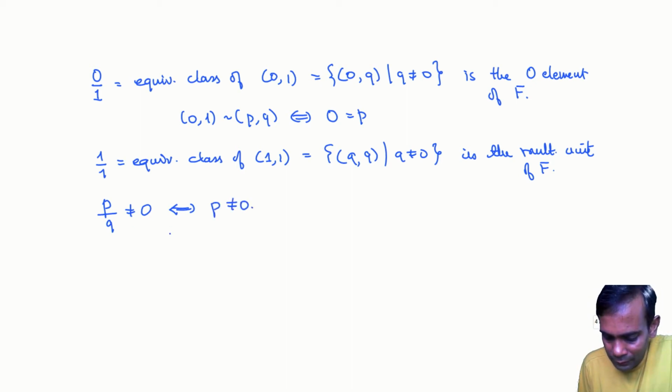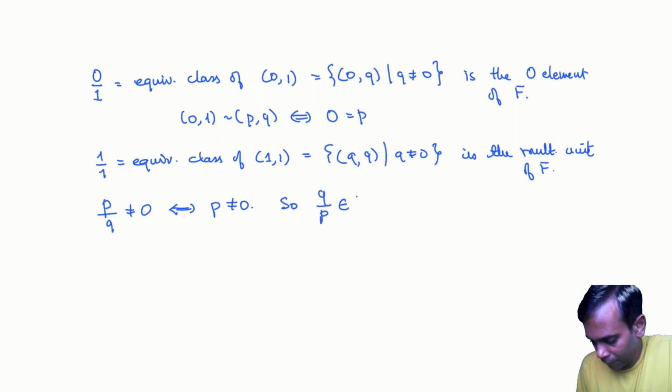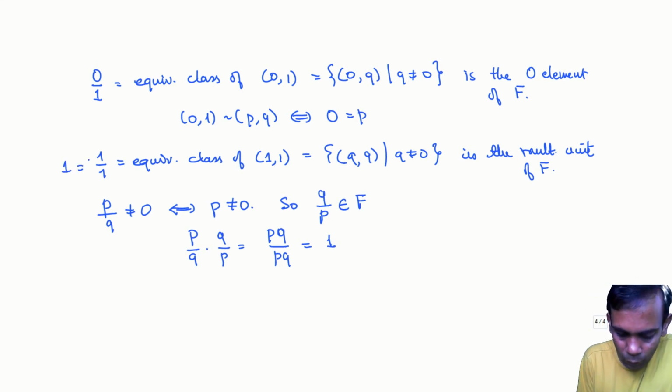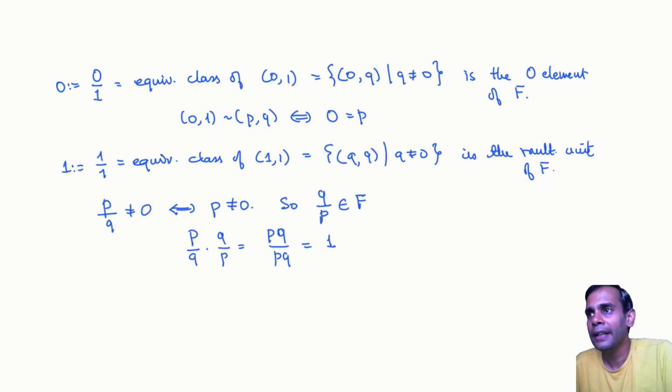Then you can form the class Q by P, another equivalence class in F. Because P is not equal to 0, it makes sense to talk of Q by P. And what we get is P by Q into Q by P is PQ by PQ, which is in the equivalence class of 1. I'll call these now 1 and 0 in F. So every non-zero element of F has a multiplicative inverse. So the conclusion is that F is a field.